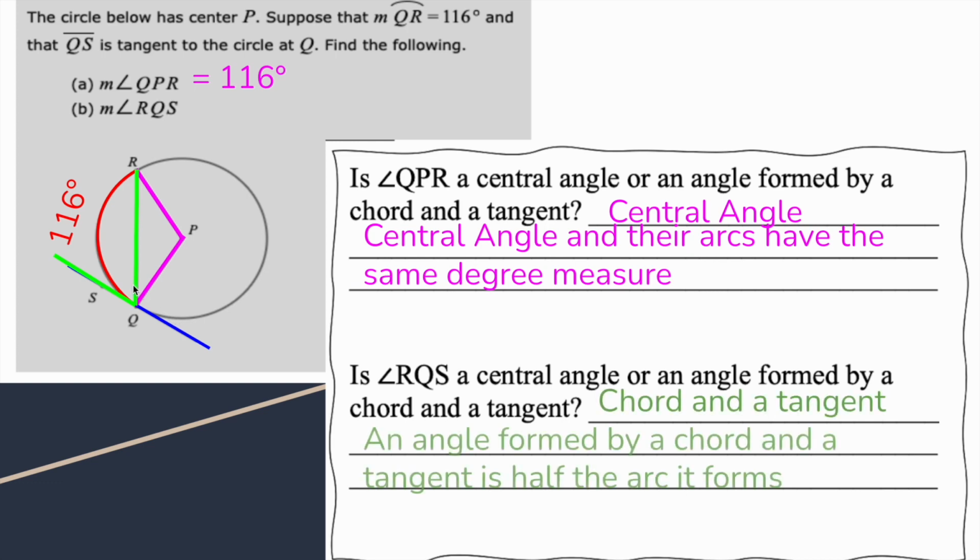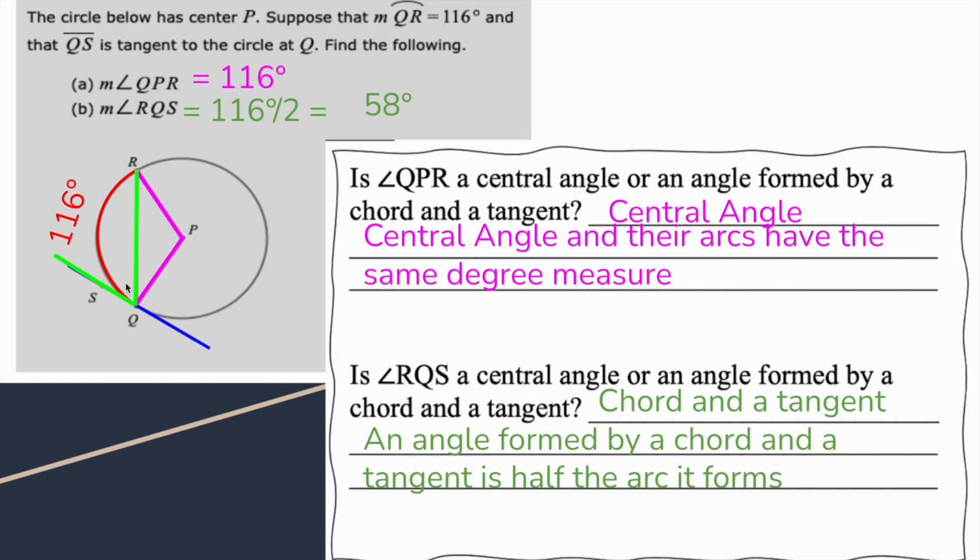Remember that means that the angle formed by the chord and the tangent is half the arc that is created. Well, again, we already have the arc here. It's 116 degrees. So if I take that 116 and divide by 2, that'll bring me to this kind of funny inscribed angle, which is 58 degrees.